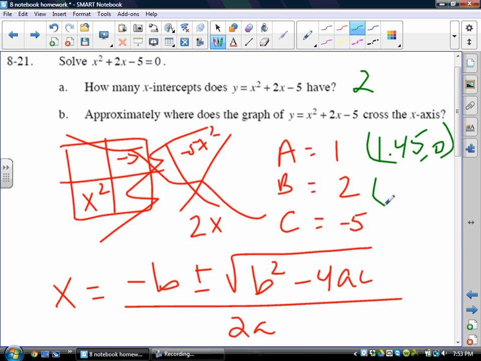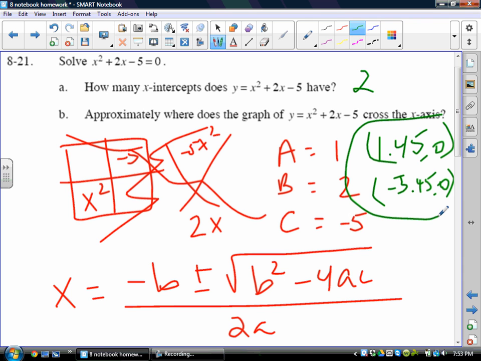And another one would be about negative 3.45, 0. You should write these as points. Okay? Don't just say x equals this, and especially don't say x equals 1.45 comma negative 3.45, because that is a point, and that's not the x-intercept. Okay? So write them as two separate points where y equals 0.